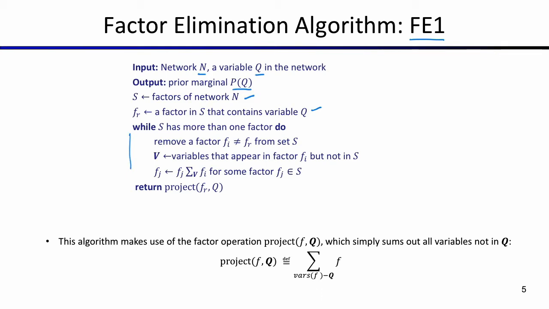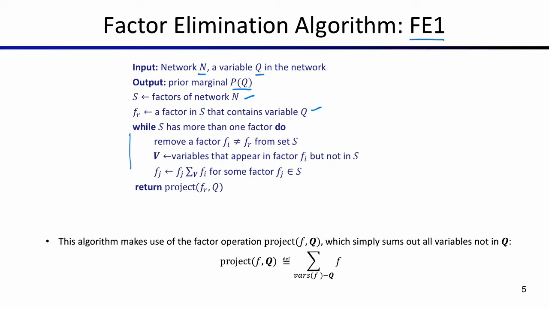So the idea is to continue this loop while S has more than one factor. So I'm going to eliminate all the factors until we have just one factor, which is going to be FR. In this case, we're going to return the marginal P of Q by eliminating all the variables that we have in FR but Q.